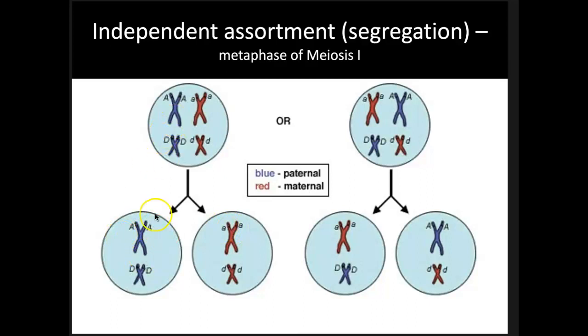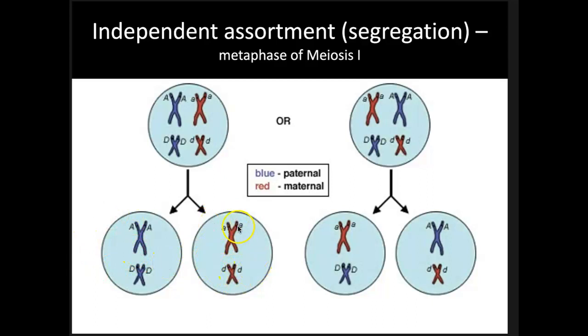So on the left here, we have a situation where the segregation of the chromosomes created a daughter cell here, which is going to go through additional reduction processes, right? So this is very early on in the meiosis 1 process. But basically what's happened is that this particular cell has all of the material from the paternal complement.